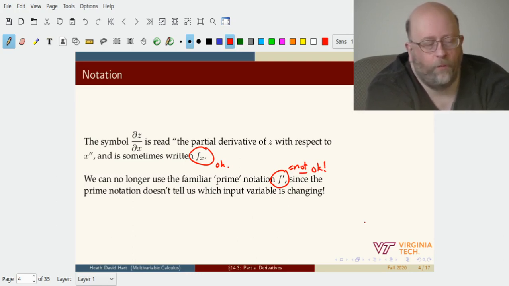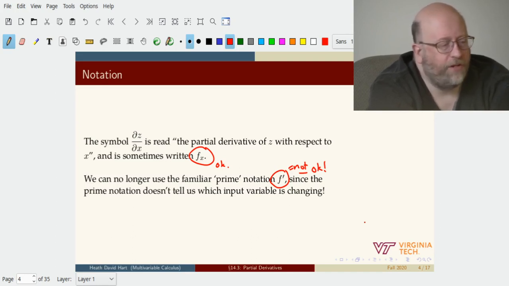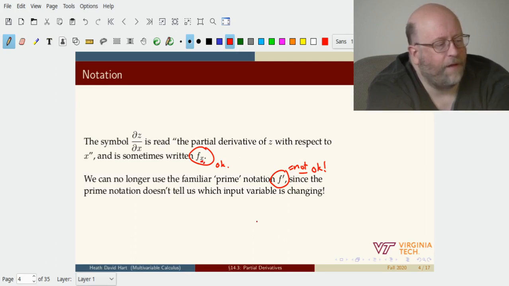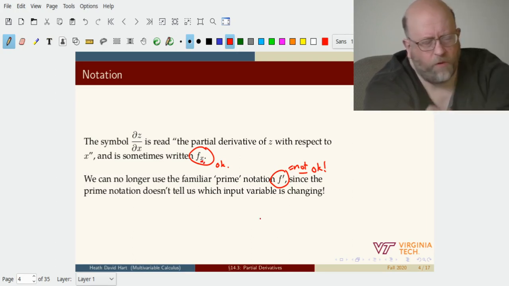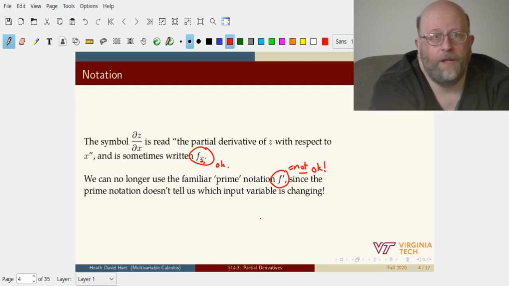It doesn't tell us whether we're using x or y. So if you like the prime notation and you want something similar, you can use a little subscript for the x. Don't put it up on top where the prime was, because that means f raised to the x power, and that's something different. But we can use this notation for a derivative.